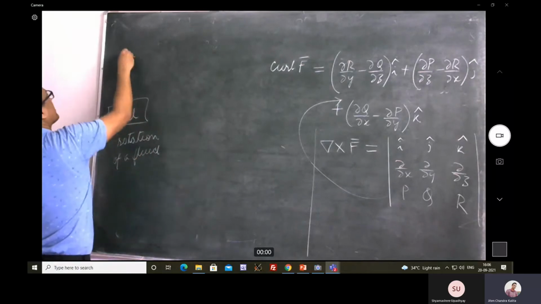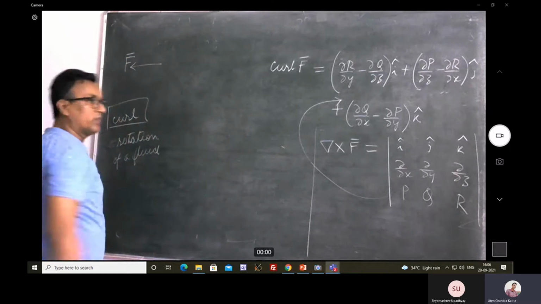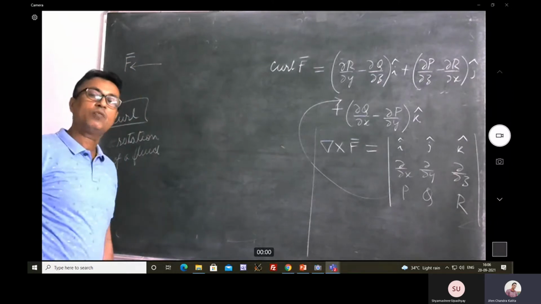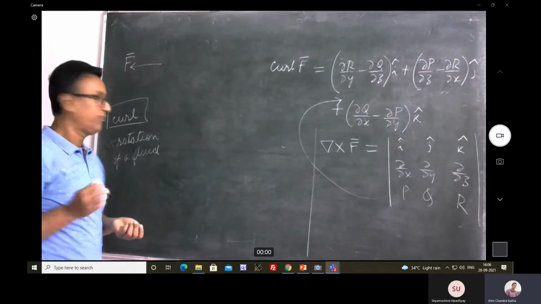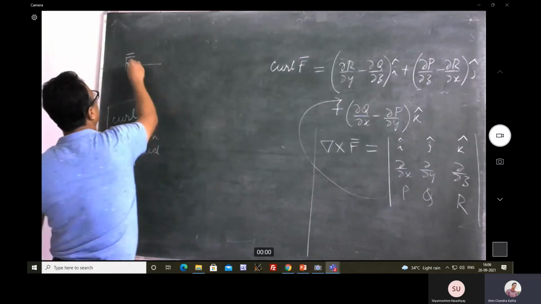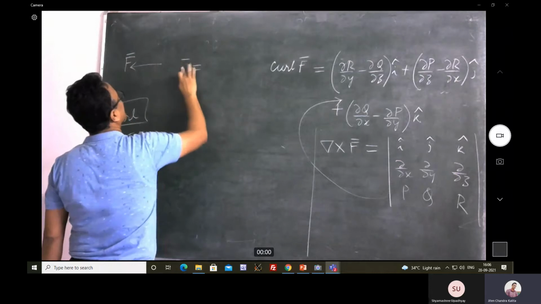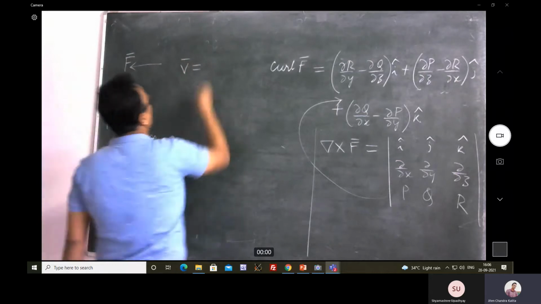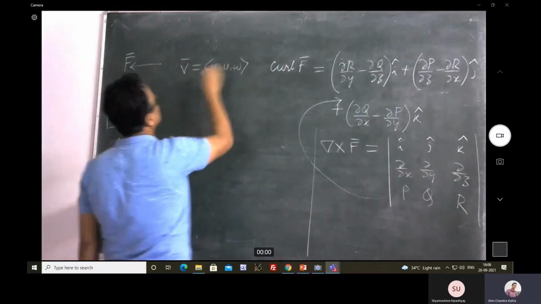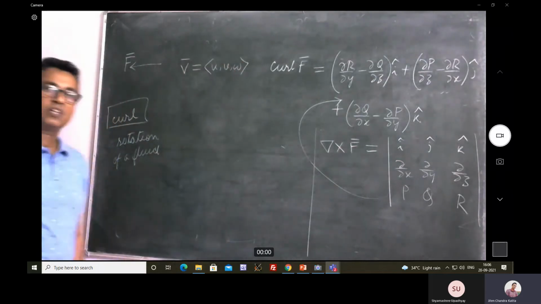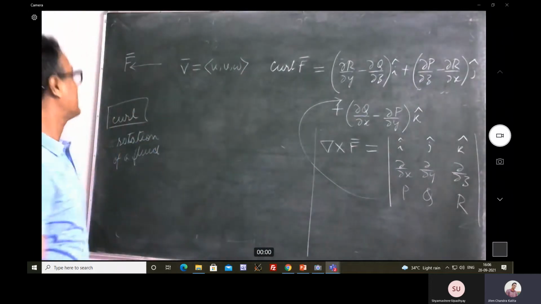Suppose this vector function f that we have considered represents the velocity of a fluid in a certain domain. Call it v, with components u, v, and w: the velocity components along the x-axis, y-axis, and z-axis.